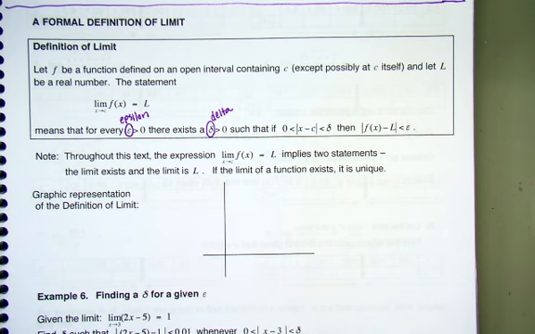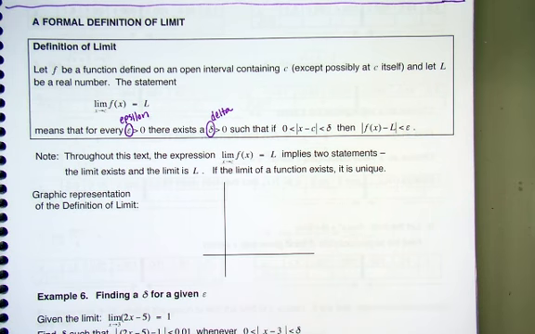As those bands get smaller and smaller, that's when we're approaching that limit. So we're picking really, really little values for these epsilons and deltas, and we want to figure out what those small numbers are that get us as close as we can to that limit. That's all this is really talking about. So let me walk you through it.